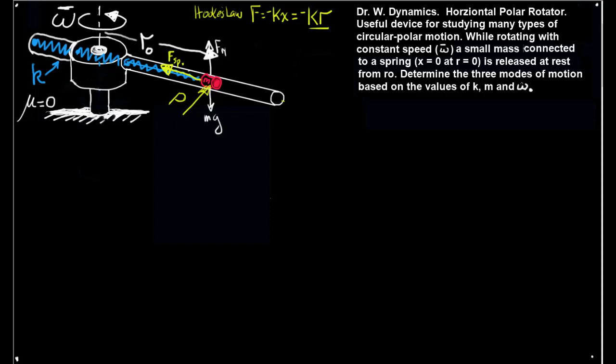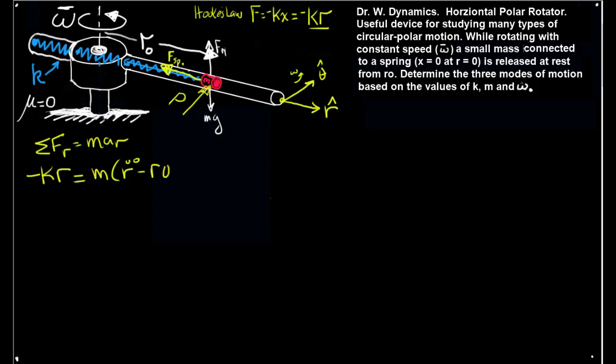We take a look in the r hat direction, which we'll define here. We'll define the theta hat direction in the same direction as omega is sweeping the end of this. We can look at the sum of the forces in the r direction, that's m a_r, and we'll get minus kr for the spring force equal to m times r double dot minus r theta dot squared.